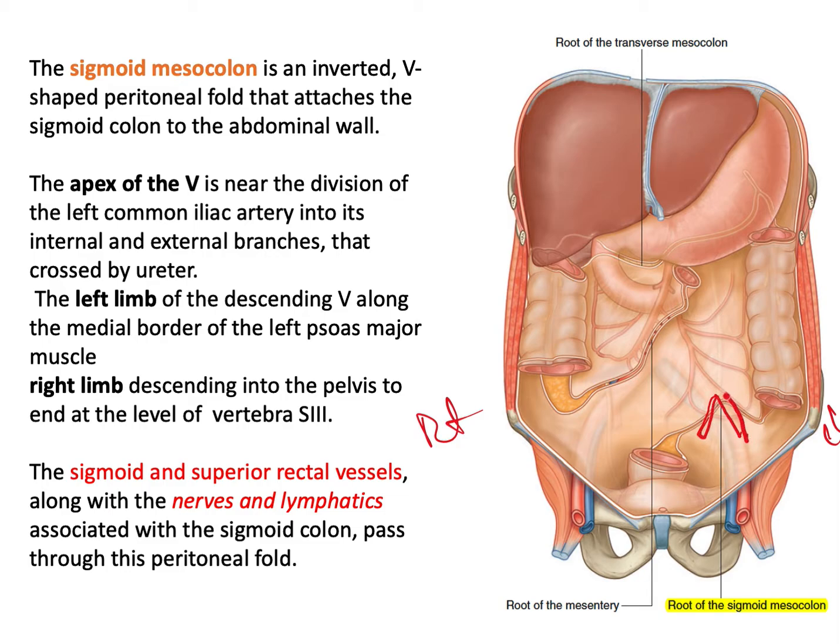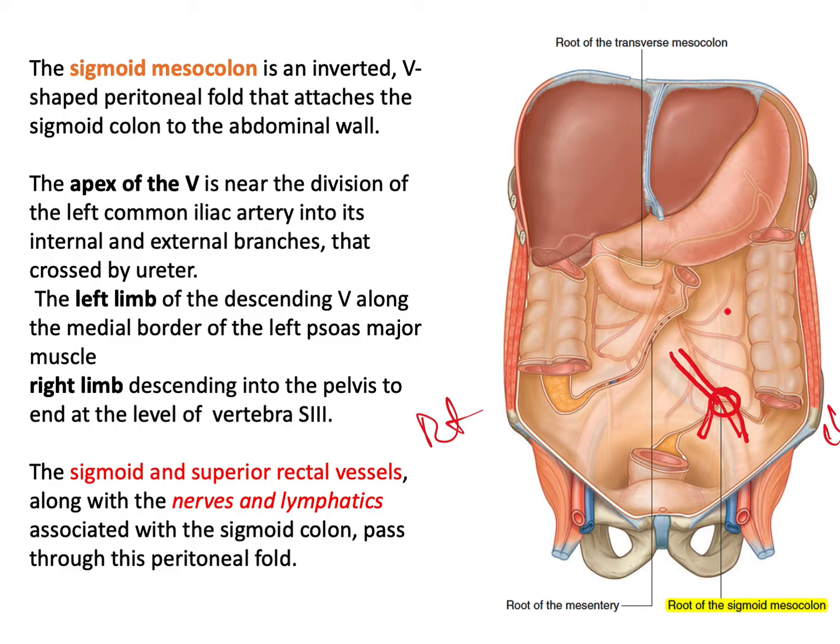This is the bifurcation. That means this is the common iliac that divided into internal and external iliac. So the apex of the sigmoid mesocolon is located near the bifurcation of the left common iliac into internal and external, right?